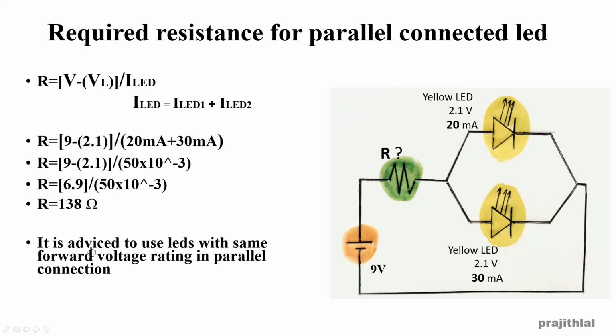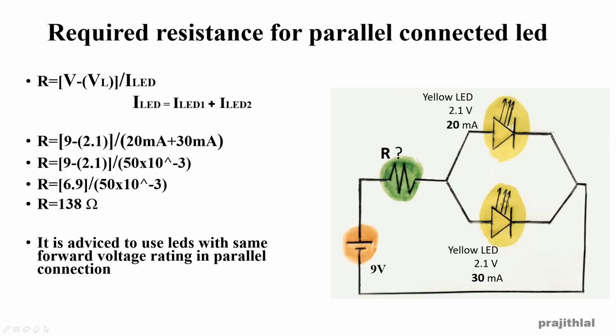Here it is advised to use LEDs with the same forward voltage rating in parallel connection. That is because if we are using two colored LEDs, say 2.1 volt LED and another with 3.2 volt LED, this resistance will be able to supply a particular voltage, and if we are arranging the resistor for glowing the lower powered LED, that means low voltage LED, the high voltage LED will not glow.